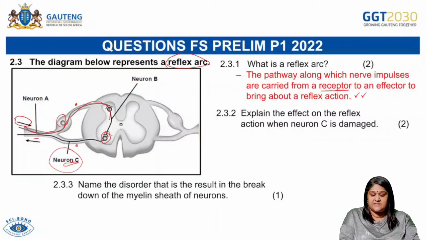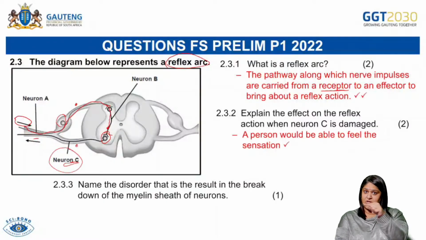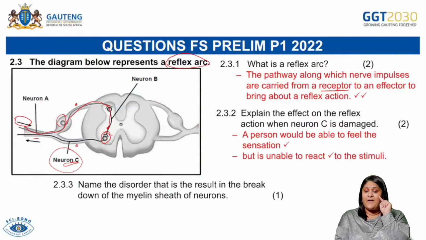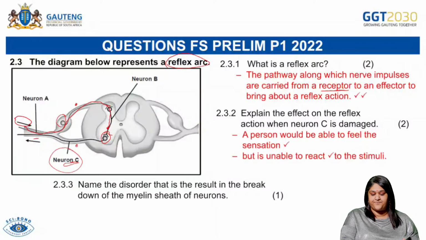This interneuron is still going to partly carry out its function, but it's not going to be able to give the impulse to the motor neuron, right? So that will mean that the person would be able to feel the sensation because the sensory neuron is still doing its job. However, they will be unable to react to the stimulus because now the motor neuron cannot take the information to the effector organ to bring about the response.